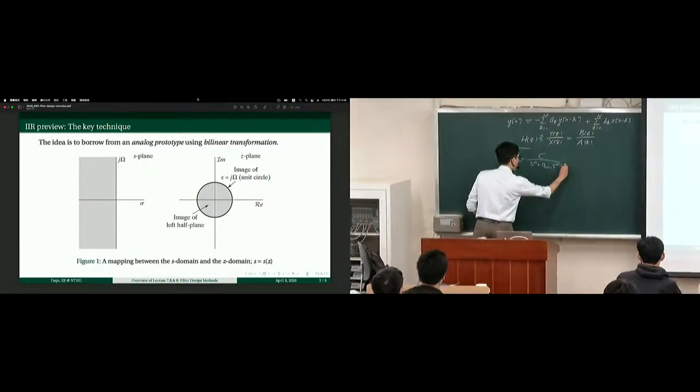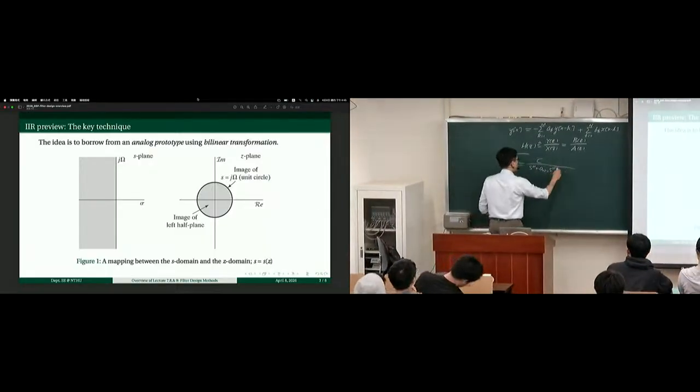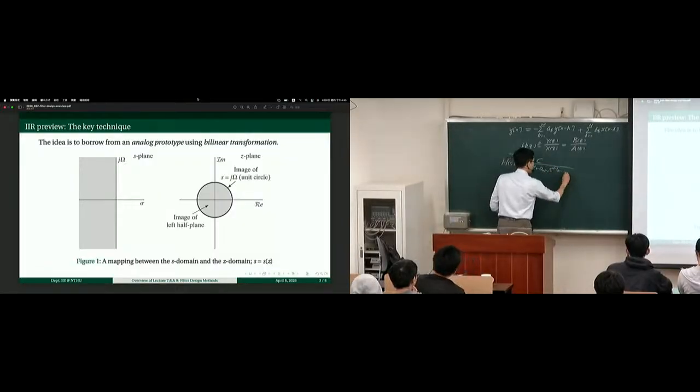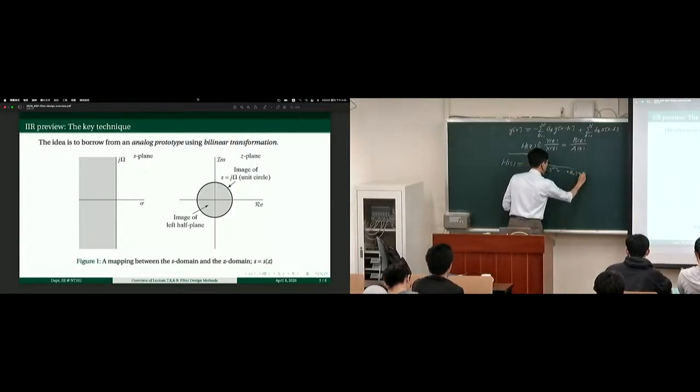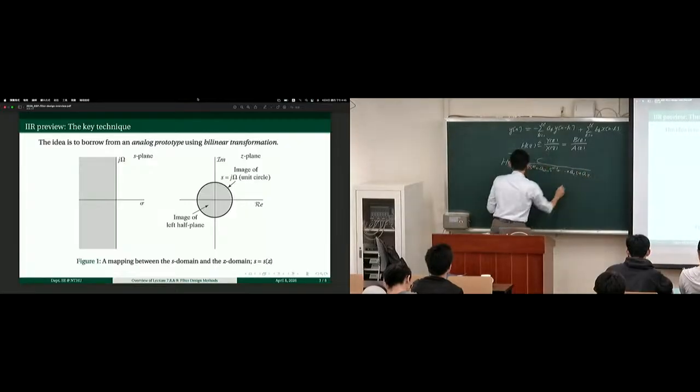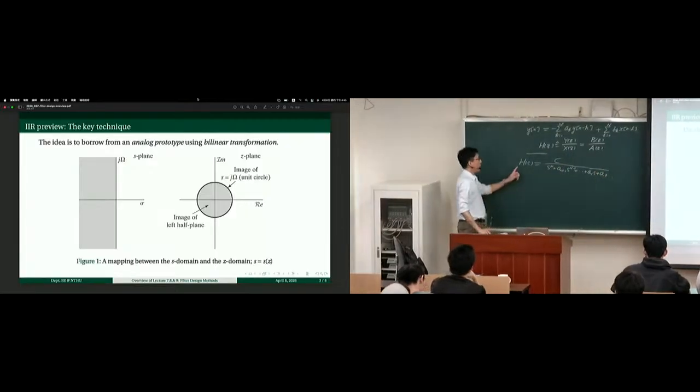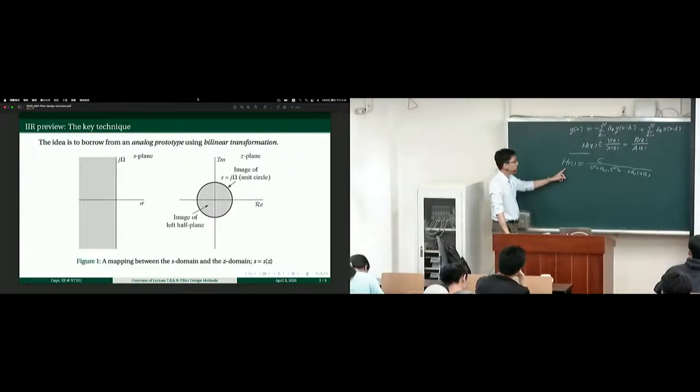It's also a polynomial of S. So we'll be using this prototype in the S domain, and the analog prototype may have some nice properties. We'll see in a moment.